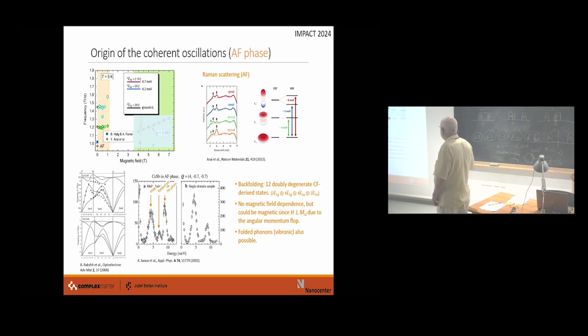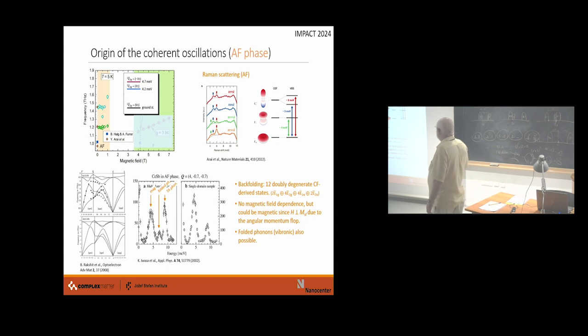But this is not really necessary, because we have quite a lot of backfolding of Brillouin zones. So in principle, we can have many electronic states. And if you look at these 4 E bar 2G states, we actually have 4 states with the same symmetry, and if one of them is the ground state, then we can easily explain also this spectrum.